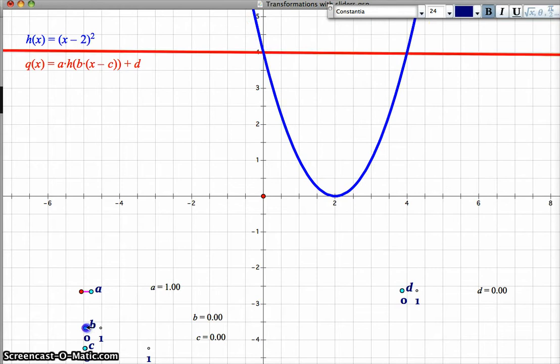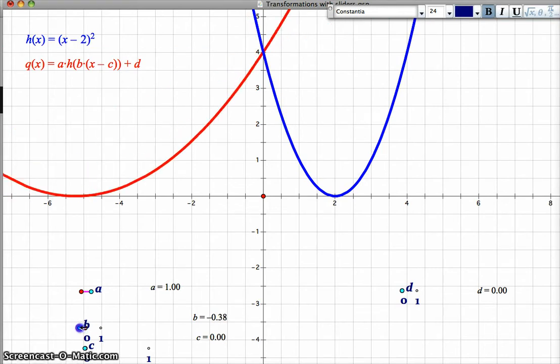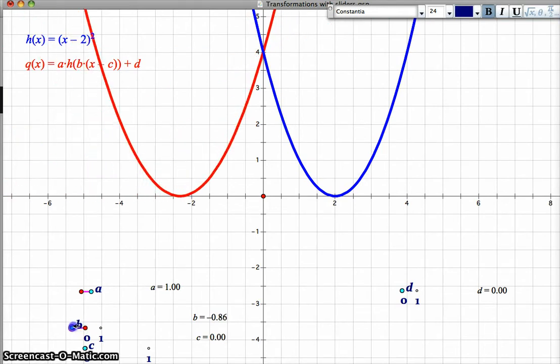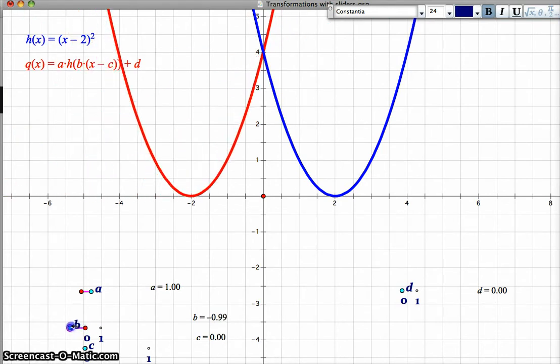But when we change B from 1 to negative 1, we can see that our graph reflected over the y-axis. The point 2, 0 became the point negative 2, 0.